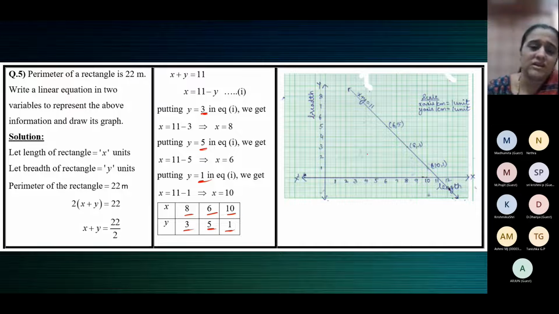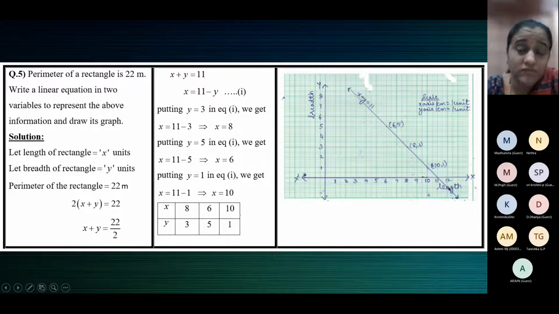And then the scale again, you can see for this, you can take 1 centimeter is equal to 1 unit. To plot these values, 8, 3, 6, 5, 10, 1. If you take the scale as 1 centimeter is equal to 10 units, again, it's difficult to plot. It'll be very clumsy.